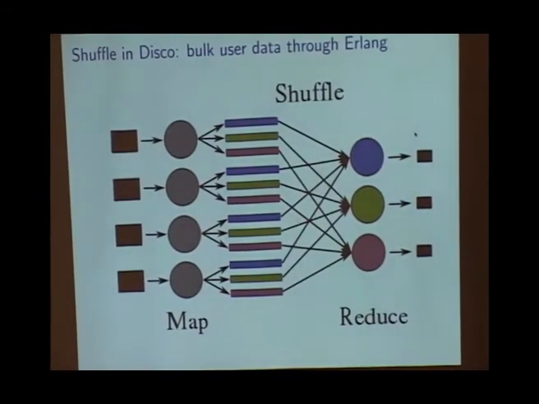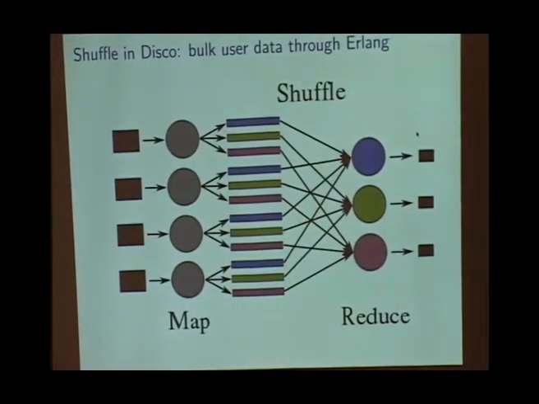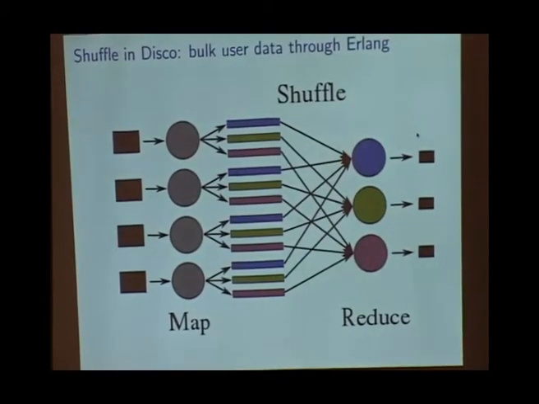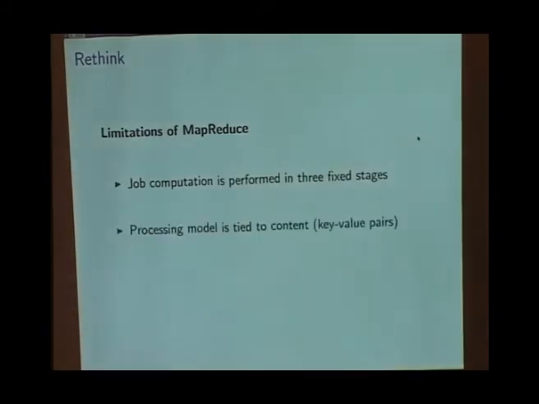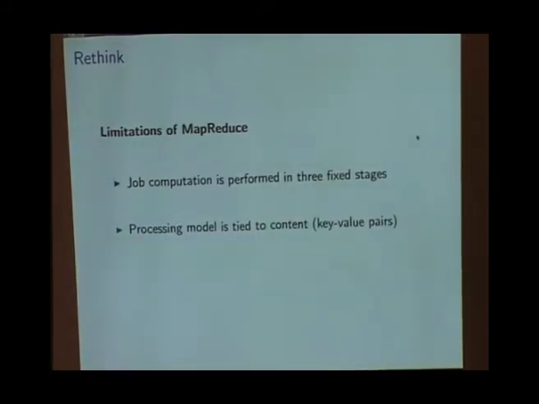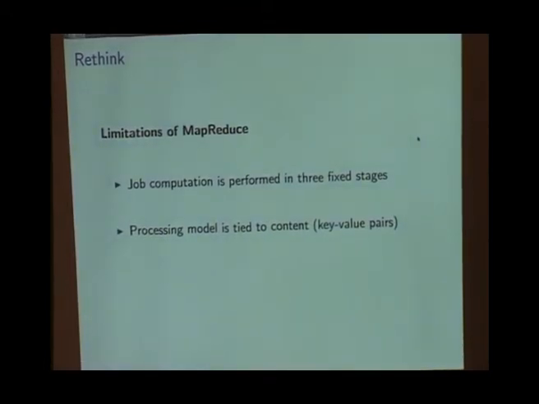You have to implement all your computation in this limited framework. It's constricting. Another problem with the conventional presentation of MapReduce is that it's tied to key value pairs, and maybe you cannot always express your computation in terms of key value pairs.